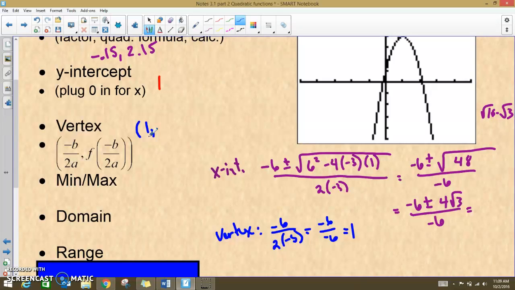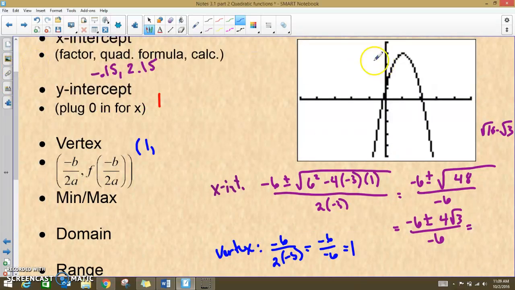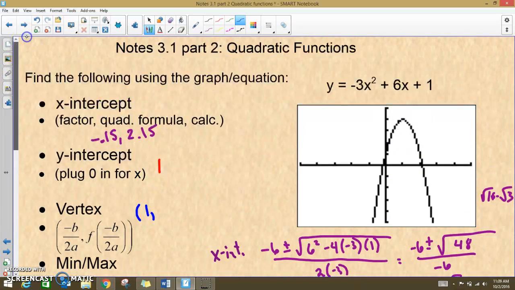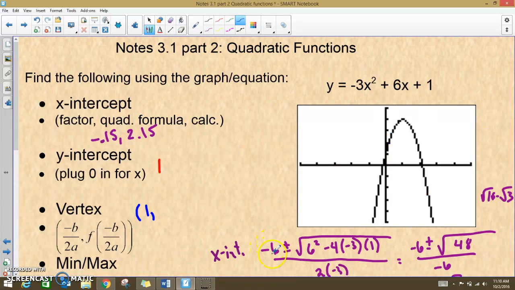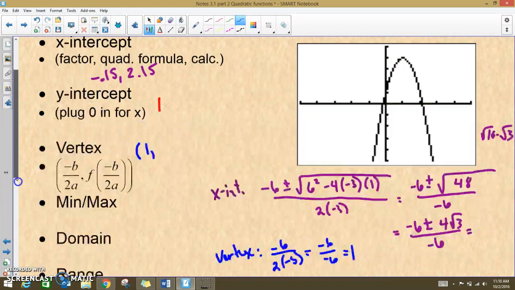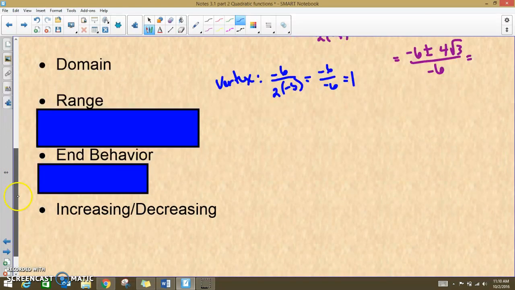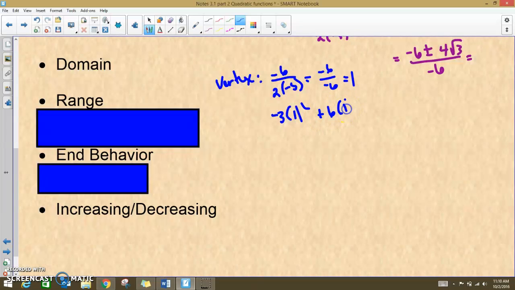Okay, what we need to find next is the y-coordinate. So we're going to take the answer of 1 and plug it in for the x's in our function. So it's going to be negative 3 times 1 squared plus 6 times 1 plus 1.